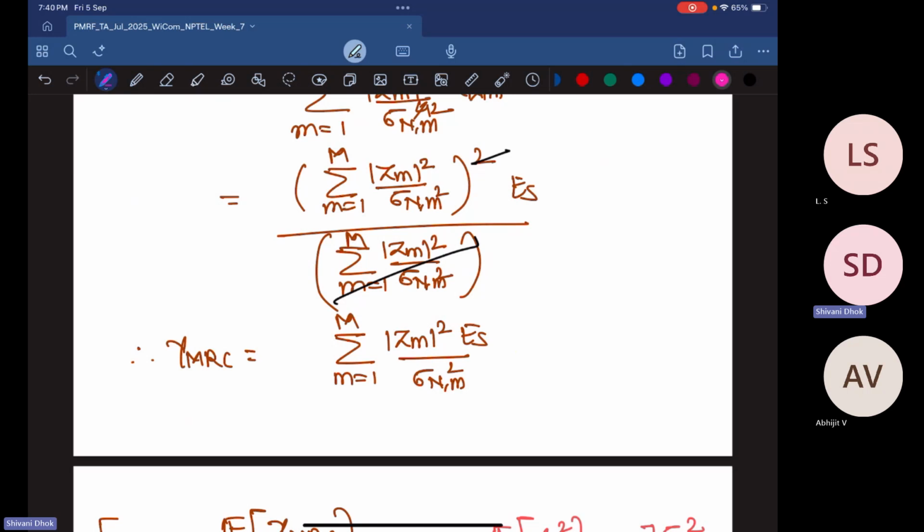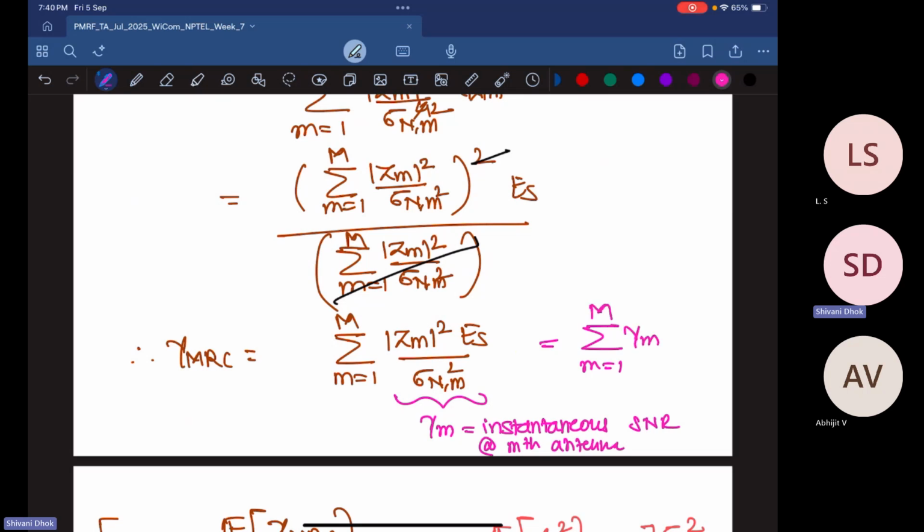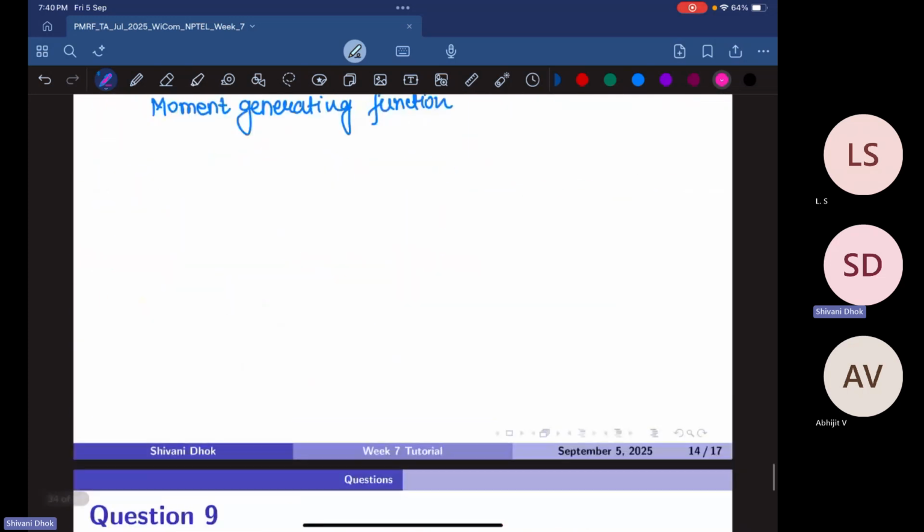Now this factor here is your gamma m, which is the instantaneous SNR at the mth antenna. So this is equal to the summation m equal to 1 to capital M of gamma m, where gamma m is an exponentially distributed random variable with mean capital gamma m that we had already seen.